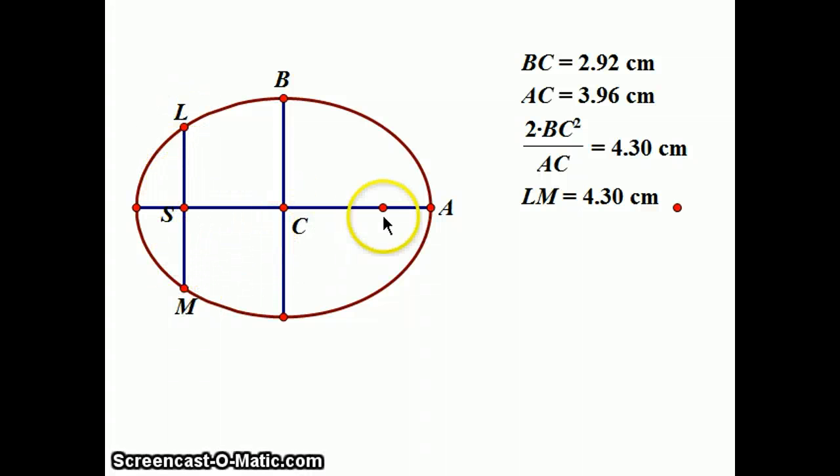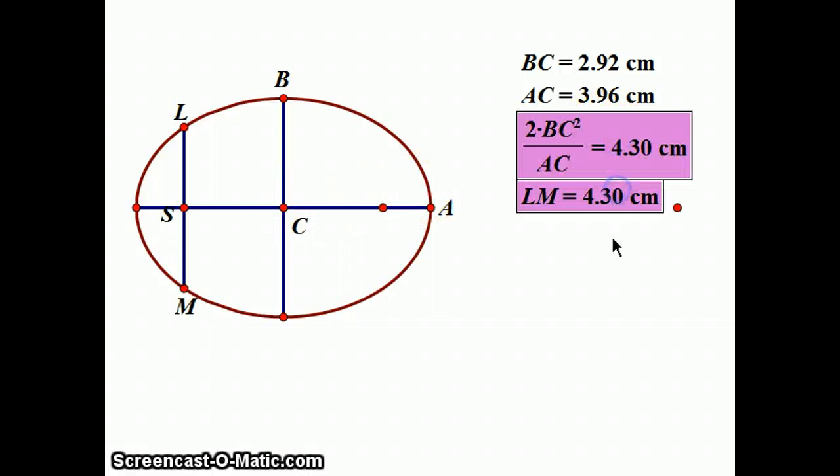That's called the latus rectum now, and it stays constant for a particular ellipse, but that constant is actually equal to 2 times BC squared over AC. Notice how those are both 4.3. I don't think that's a very widely known theorem nowadays, but that's the third theorem that he's going to use in this first part of his proof.